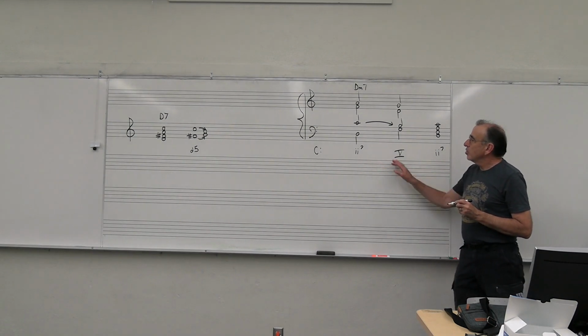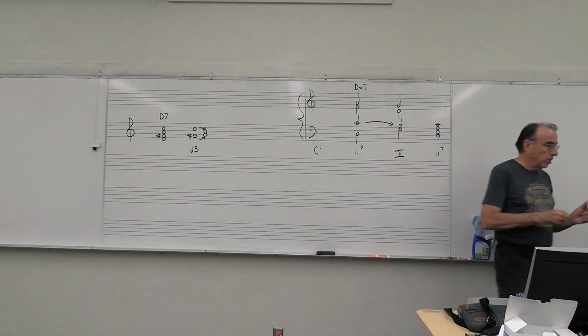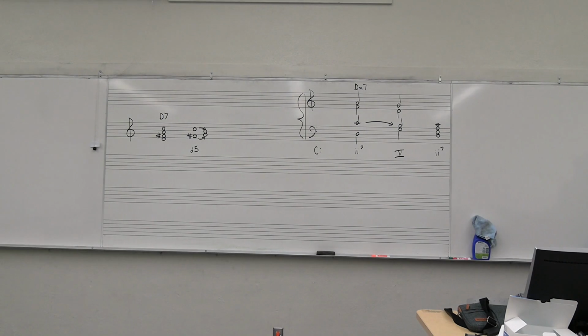And this progression works quite well. When I play that progression of this D minor 7 resolving to 5, and then we go to 1. That D minor 7th wants to go to 5.